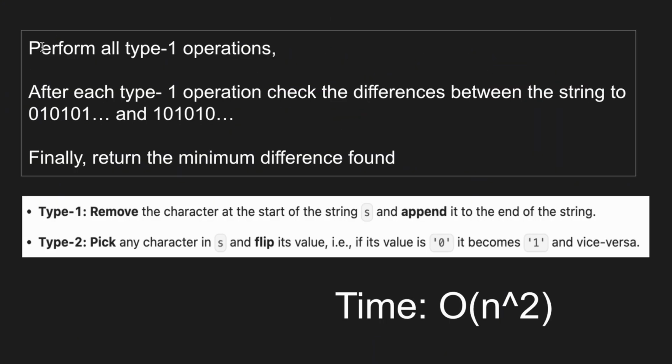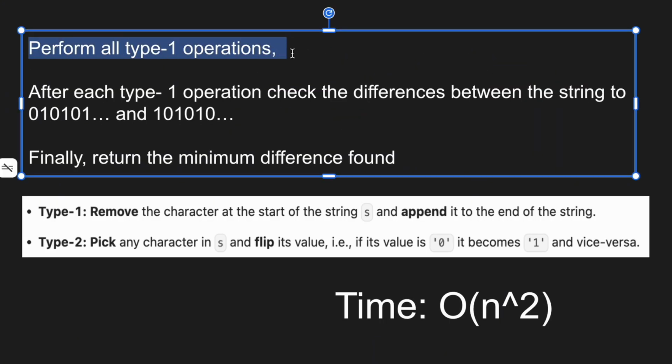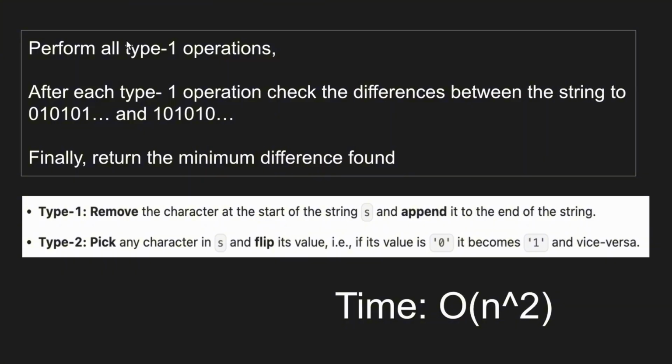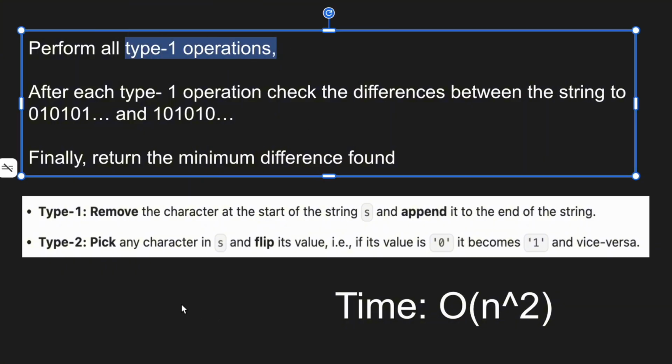So now to fully solve this problem, we can perform all type 1 operations, and after each type 1 operation we will check the difference between the string and these two sequences, and finally we will return the minimum difference that is found after we have performed all type 1 operations and found the difference each time. But if we solve it this way, it will take O of n squared, because we will perform the type 1 operation n times.